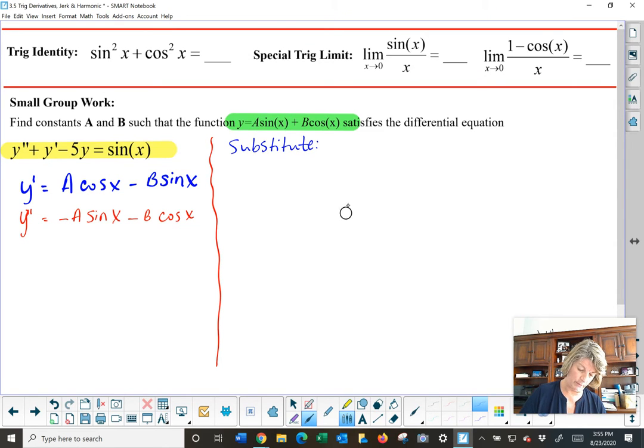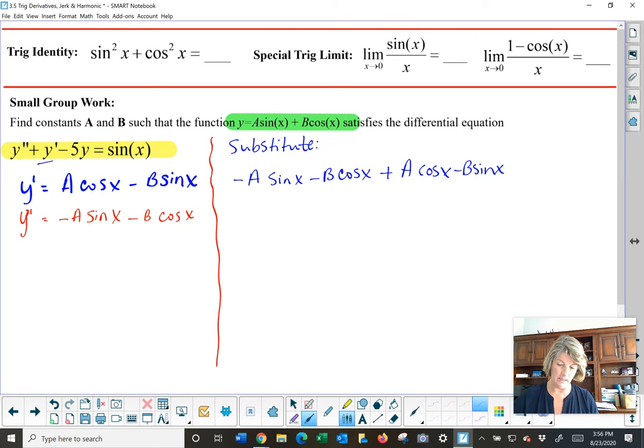Instead of y double prime, I'm going to put negative a sine x minus b cosine x, plus, now I'm on y prime, so bring in y prime, a cosine x minus b sine x, minus 5 times y. Okay, 5, and y is a sine x plus b cosine of x. I was afraid of this, I'm going to run out of room, aren't I?